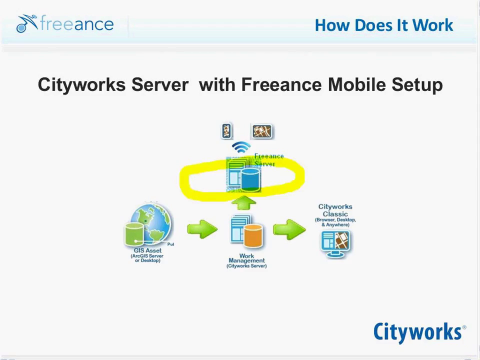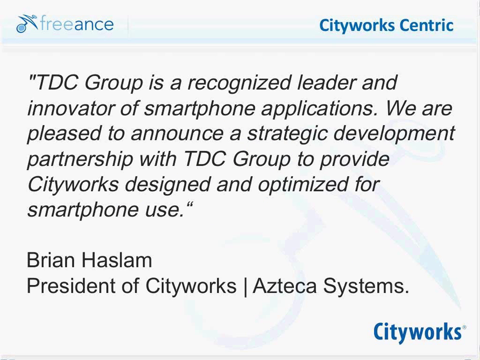The mobile devices hit us, then go through APIs or stored procedures to Cityworks or to the ArcGIS. Obviously, as I mentioned, we've been Cityworks partners a long time. Matter of fact, we helped them develop the APIs for the Freeance mobile.